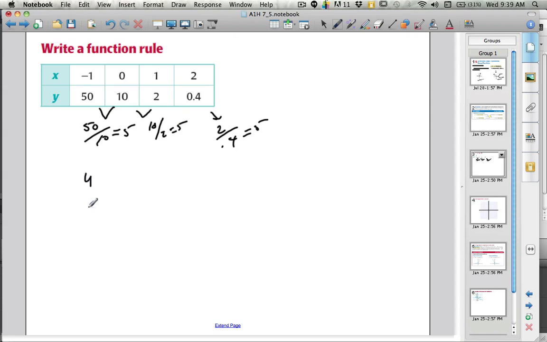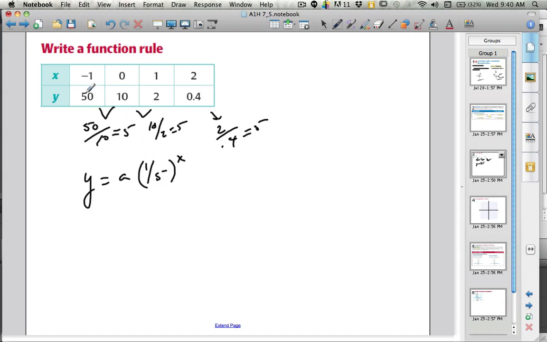So it might look something like this: y is equal to a times 1/5 to the x power, right? Because I'm dividing by 5 each time as we move along. So then the question is, what value of a would give me 50 here at the beginning?